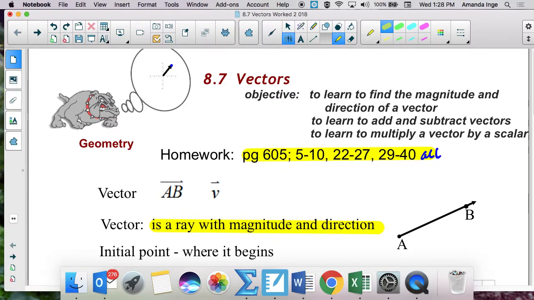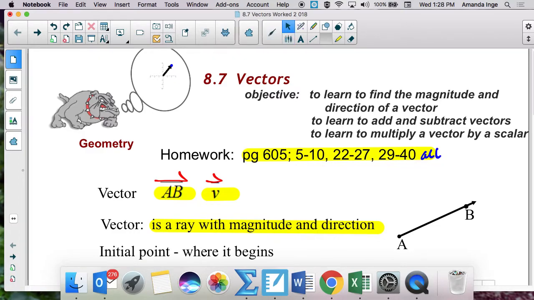So a vector can be represented by two letters, A, B, with a vector symbol over the top, which looks like that, or half of an arrow, or it can be represented by a little letter with an arrow over the top of it.